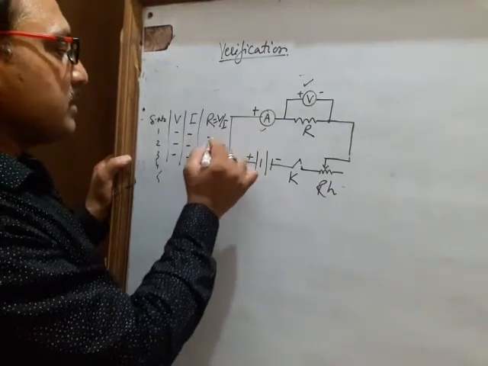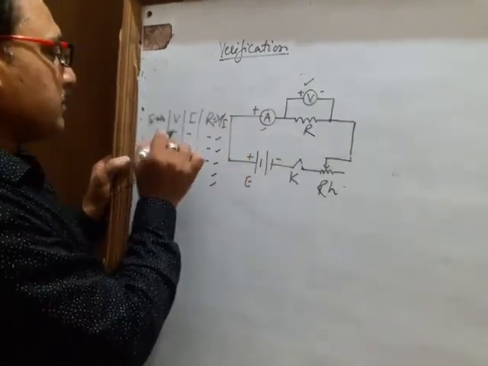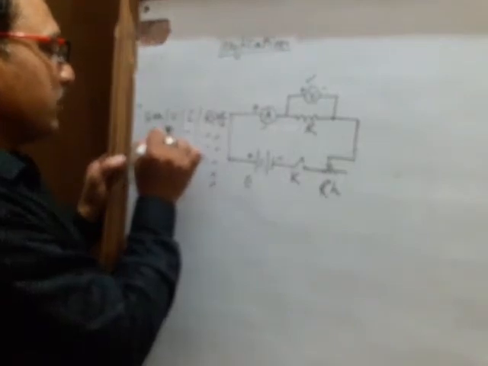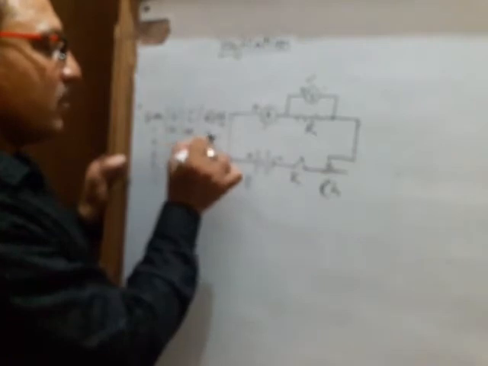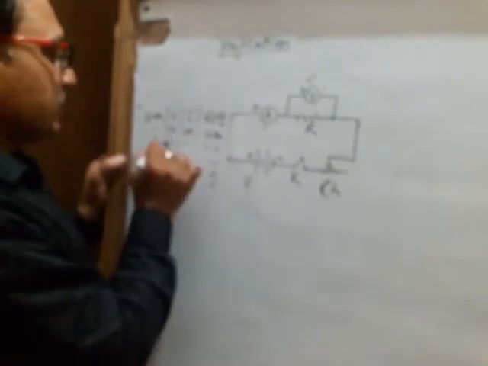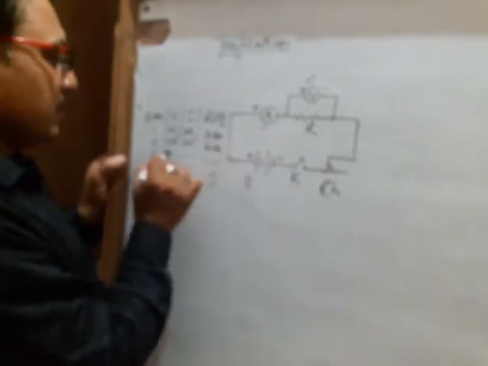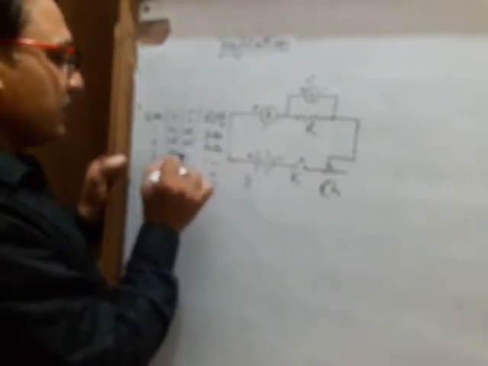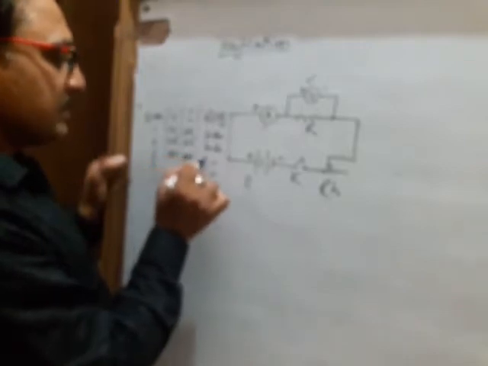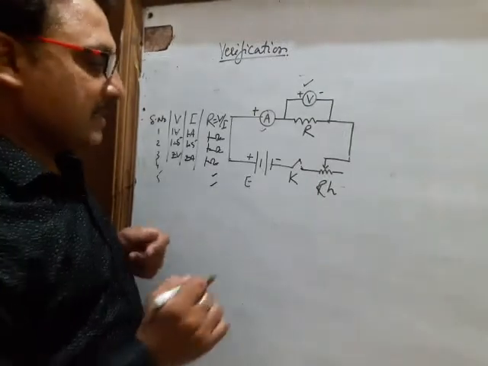From this column you will see it comes out to be constant. Suppose this is 1 volt, this is 1 ampere, so this is 1 upon 1, 1 ohm. This is 1.5, this is also 1.5, so once again 1 ohm. This is 2 volt, this is 2 ampere, so once again this is 1 ohm. Like this you will get a constant value of resistance.